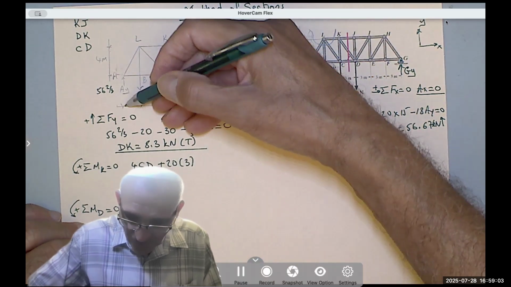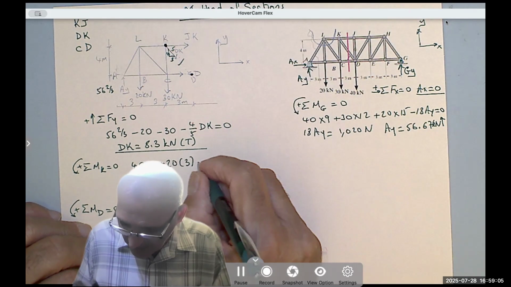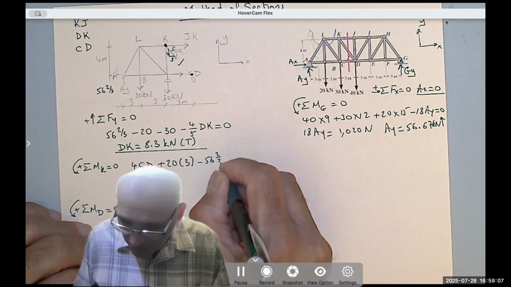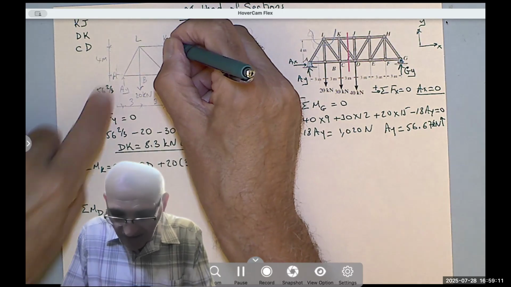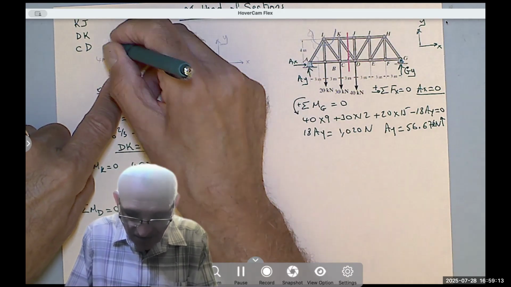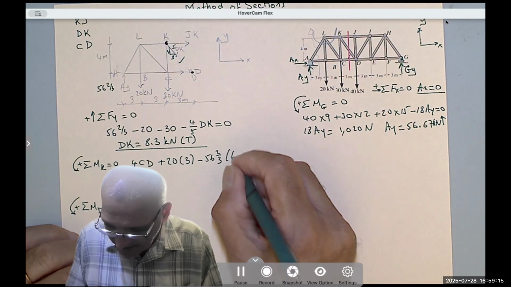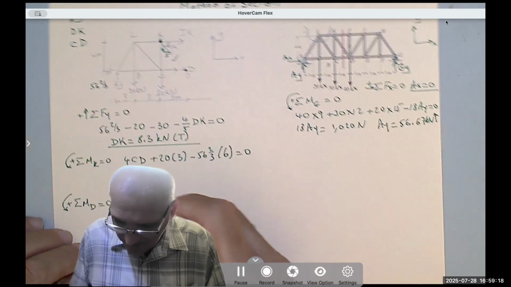And the AY that goes clockwise, so minus 56 and 2/3 times 6. The perpendicular distance here is 3 and 3, meaning times 6, and that equals 0.